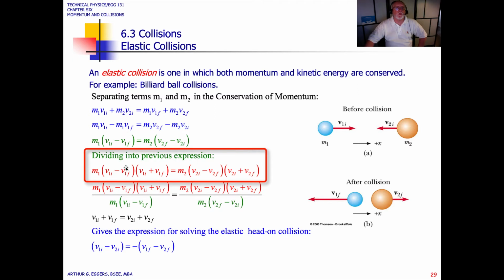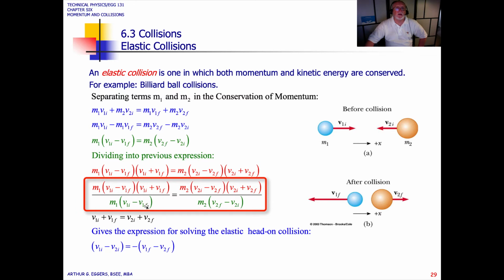Okay, so we're going to take m1 times v1 initial minus v1 final on the left, m2 times v2 final minus v2 initial on the right, and divide into that expression. And when we do, you can see that things start simplifying.